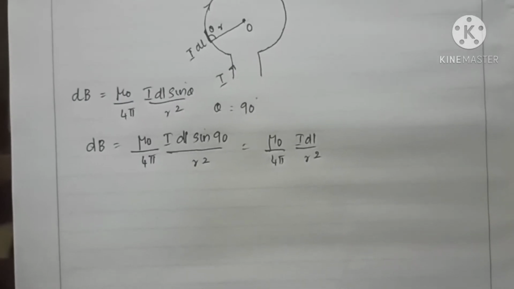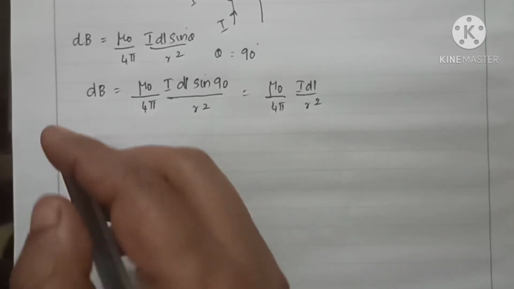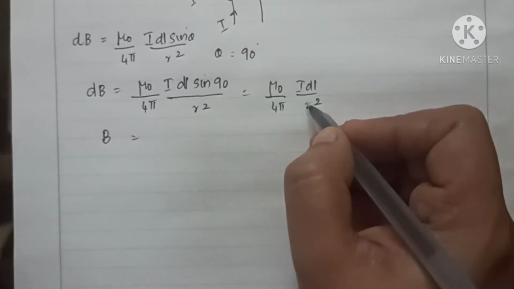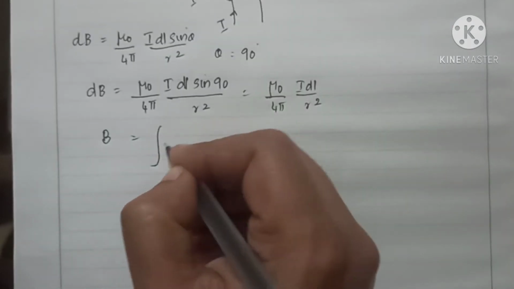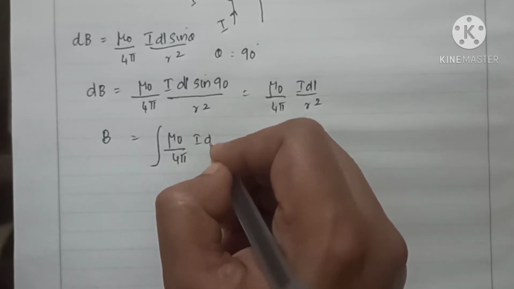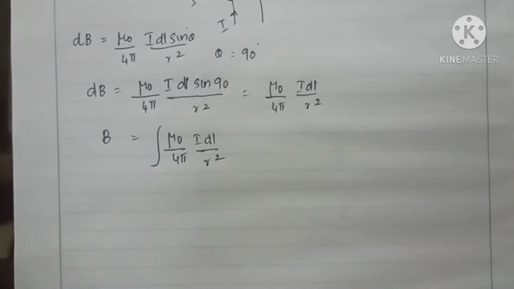This much is clear. Now this is for a small element, that is dl, and if I want to find the field for the whole coil, because of the whole coil how much magnetic field is produced, I have to integrate this term. That is, to find B, I will integrate mu 0 by 4 pi I dl by r square. And what is the limit here?